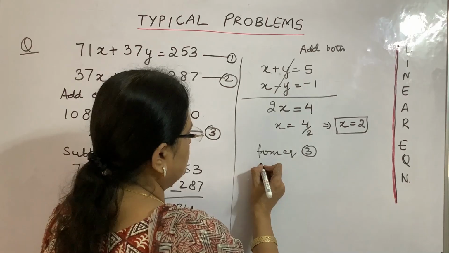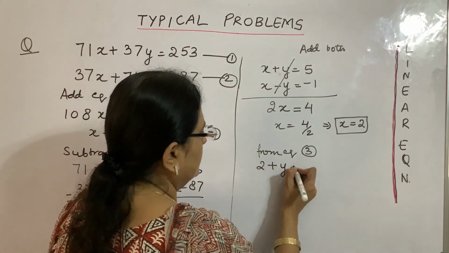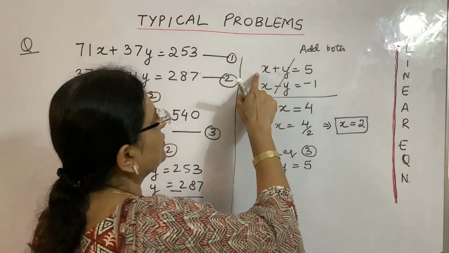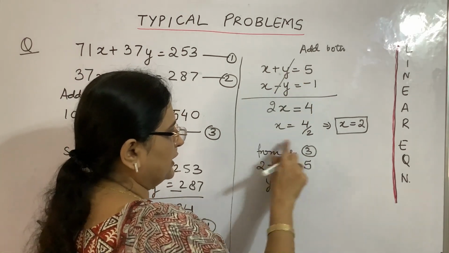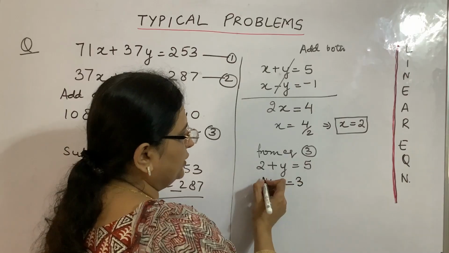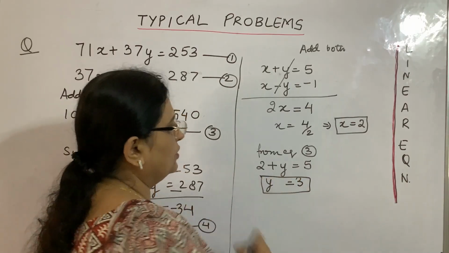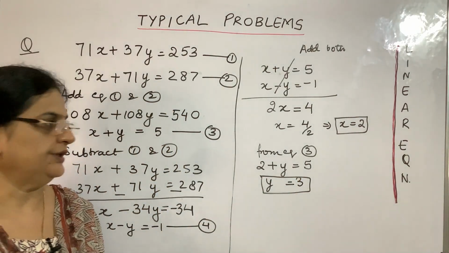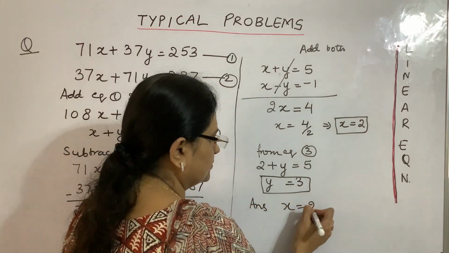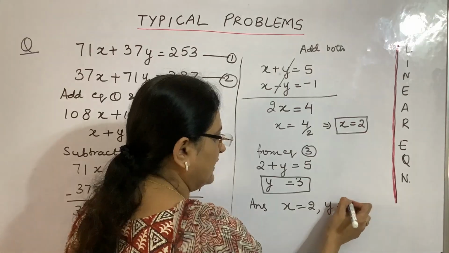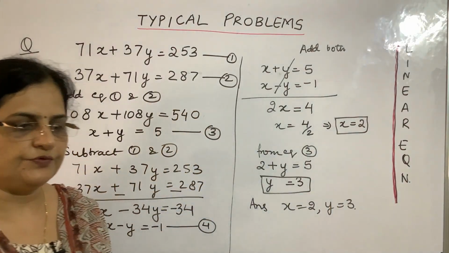So 2 plus y is equal to 5 from this equation. So y is equal to, transpose 2 to the other side, you get 5 minus 2 or y is equal to 3. So you can write the answer as x is equal to 2 and y is equal to 3.